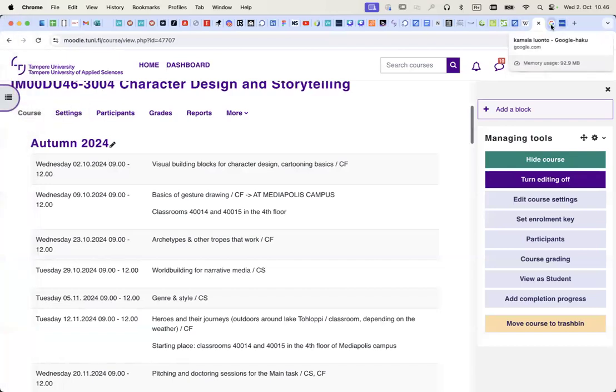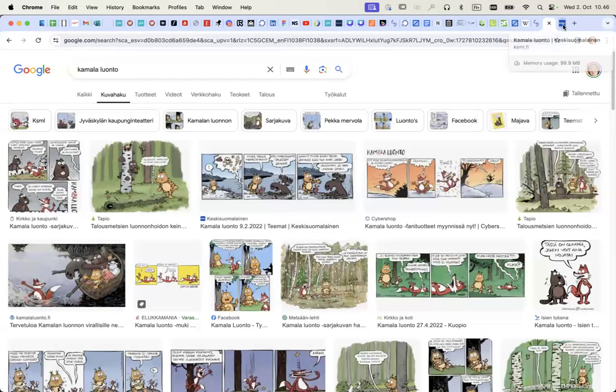So here I have the link for Kamala Luonto, which is one of the fairly well-known and popular cartoon strip series in Finland right now. And yes, it's ironic that the word Kamala in Finnish does mean horrible or terrible.